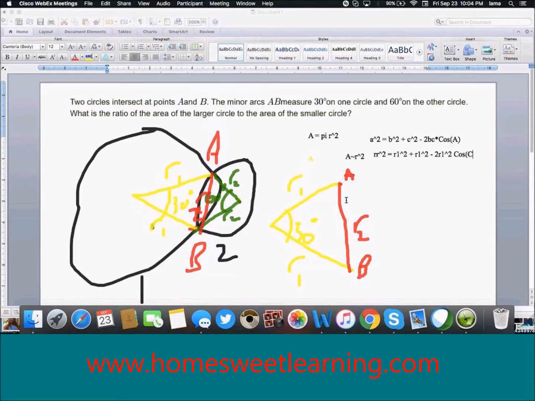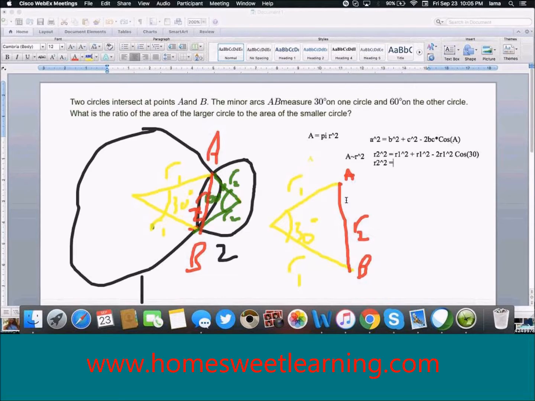So the cosine of 30 degrees. This was meant to say R2. Right. All right. So we can simplify this.